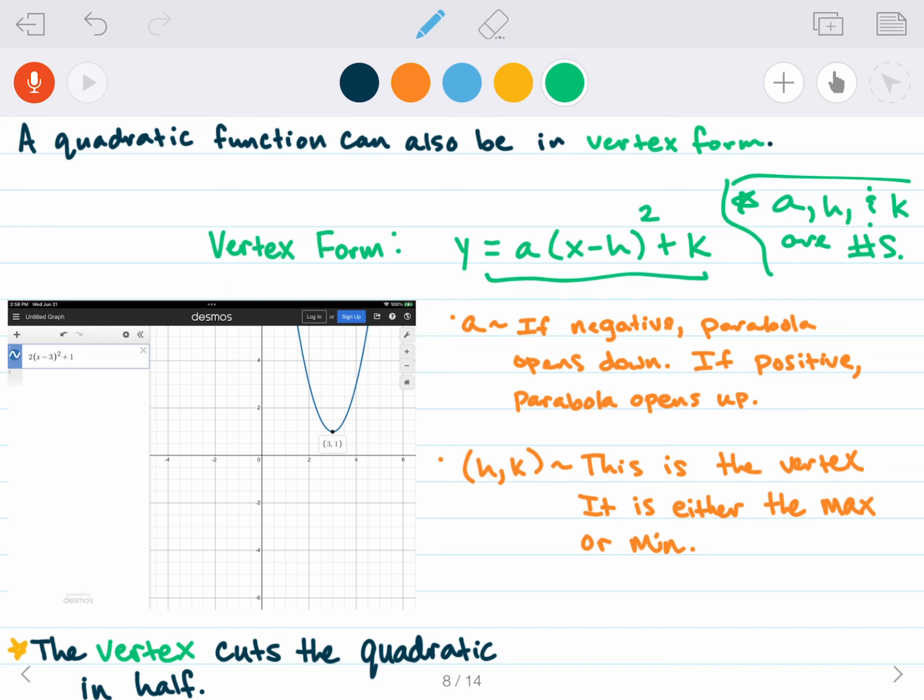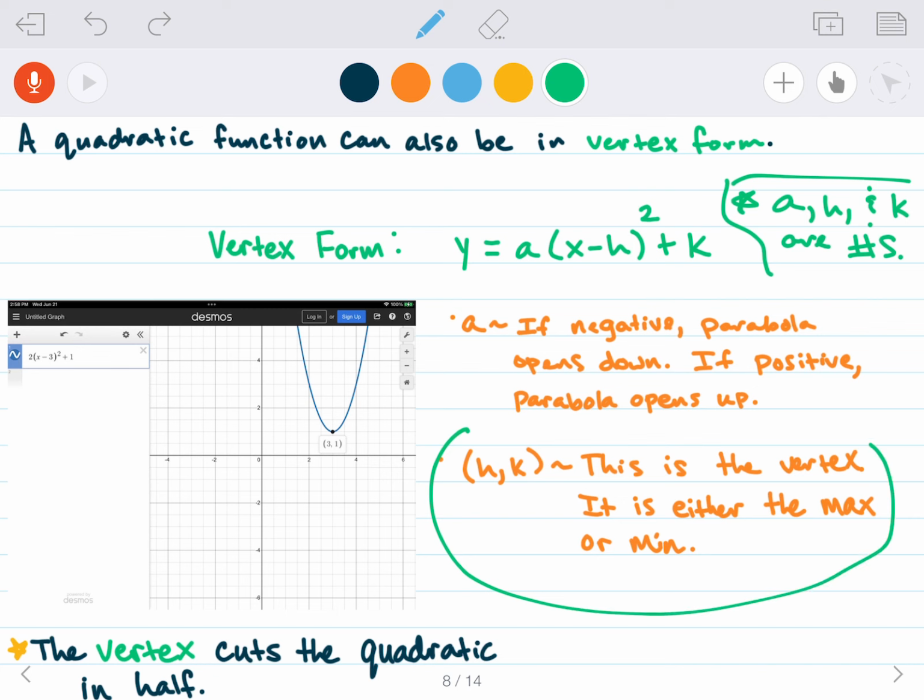So here is vertex form, and A tells us the same thing that A told us in standard form. It says if A is negative, it opens down. If it's positive, it opens up. The A also has to do with how fat or skinny the parabola is, but we're not going to cover that quite yet. But for now, just know that if it's positive, it opens up. If it's negative, it opens down.